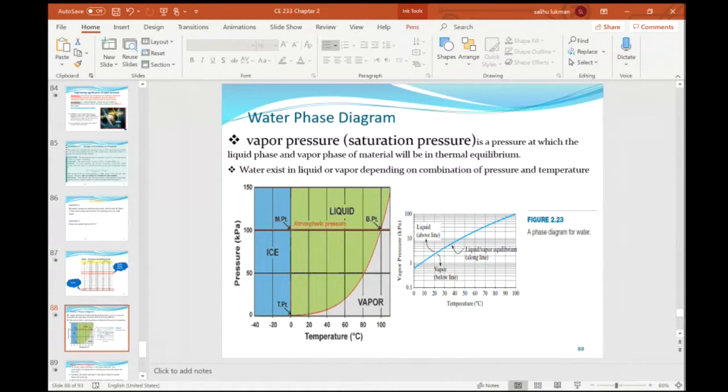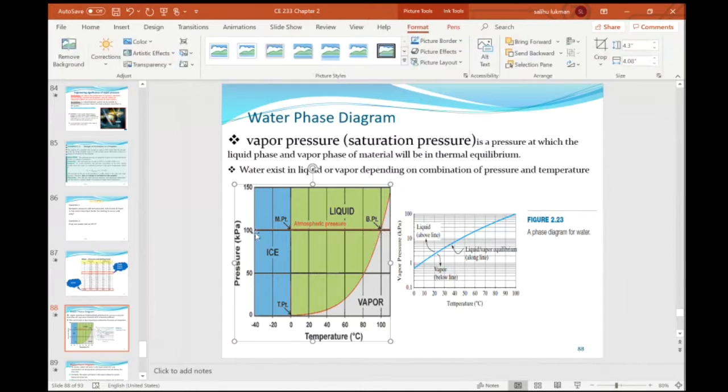For instance, if you're looking at a pressure of, let's say, about 101. Okay, this is the boil. Water will boil at 100 degrees Celsius. Meaning when you maintain the pressure but reduce the temperature, water will be in liquid phase.